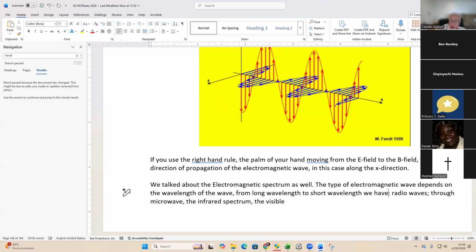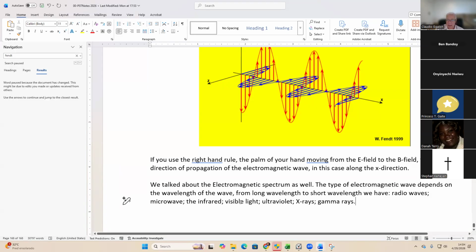We have radio waves, microwaves, infrared, visible radiation, visible light, the one that we are sensitive to. Our eyes are sensitive to visible light. Everything else, you need a detector. After visible light, we have ultraviolet, X-rays, and finally, gamma rays.